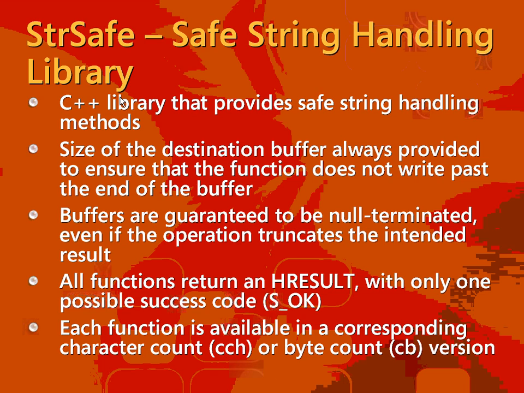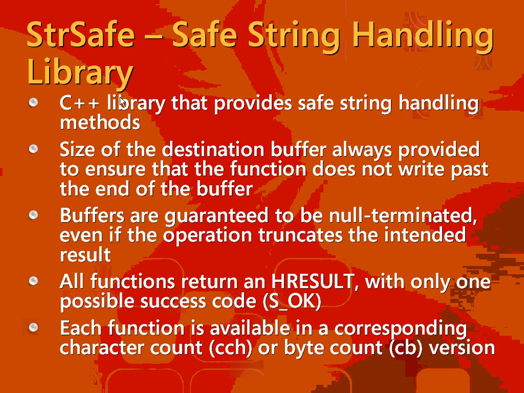Another nice thing about the string handling libraries from StringSafe is that they're guaranteed to be null terminated even if the operation truncates. So if you're trying to copy 50 characters into a 10-character buffer, it'll copy 9 characters and then terminate that with a null character so that you can be confident that the return buffer you're getting is safe to use. All functions will also return an HRESULT instead of returning a pointer or an integer or other value.